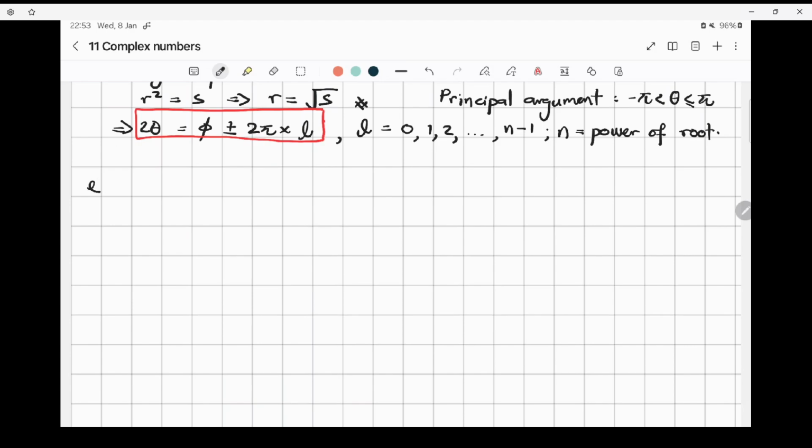Example, find the square root of minus 2 minus 2 root 3 i. So let's do it by the first method.